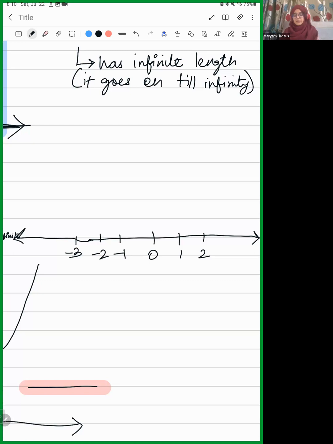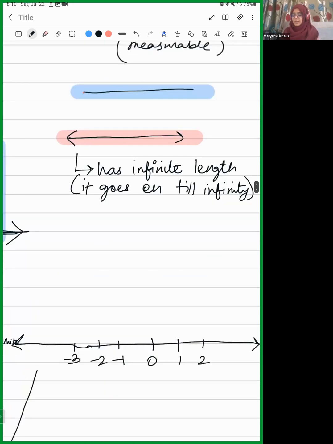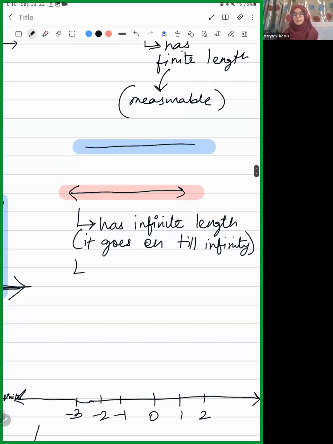It is infinite. Okay. Now, does it have any ending and starting points? Think about it. It has a starting point but not an ending point. Which one is a starting point? This one or this one? Okay.